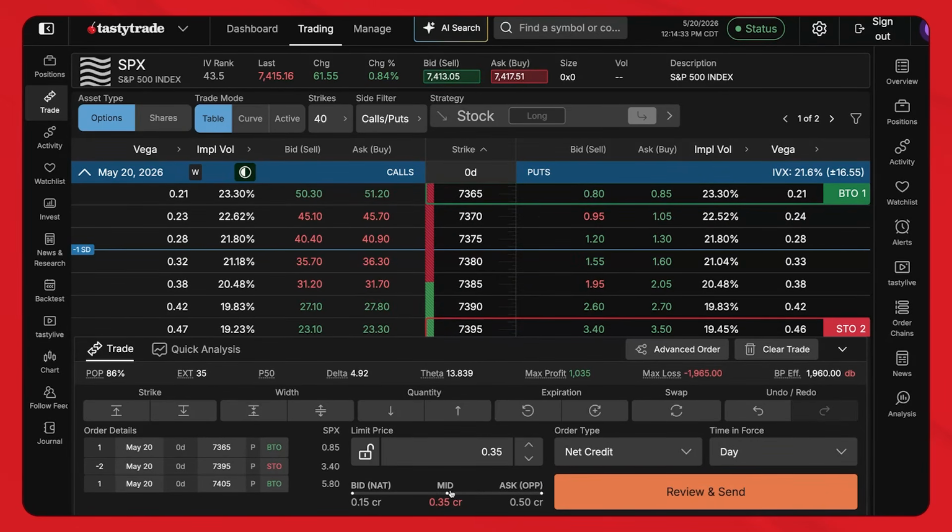So if I do this broken wing butterfly, let's say for 50 cents, let's make the math easy, let's say I put that on for a 50-cent credit.